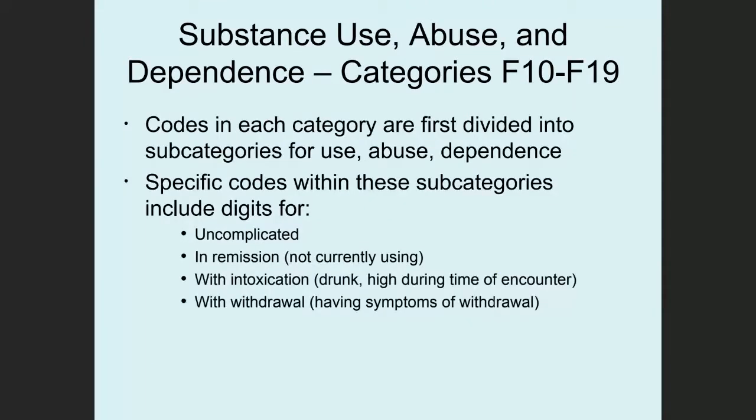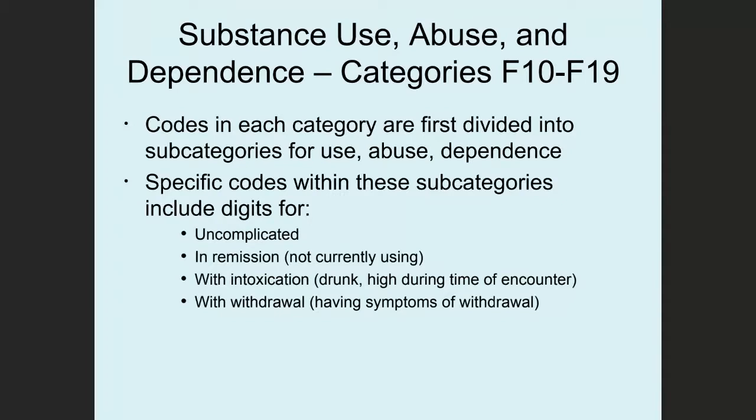So let's start with categories F10 to F19 substance use. How are the codes set up? Well, the codes in each category are divided into subcategories: use, abuse, and dependence.